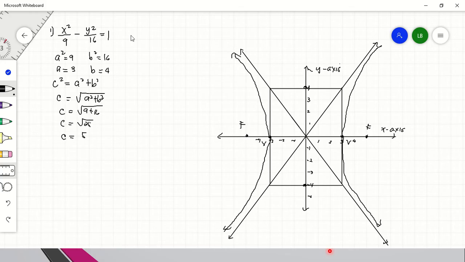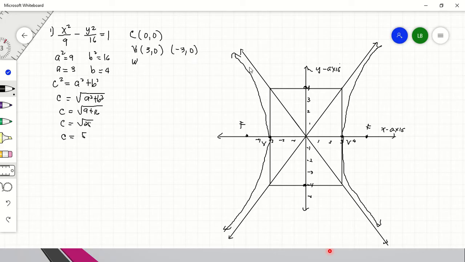Makikita natin na yung center ay 0, 0. Vertices natin ay 3, 0 and negative 3, 0.